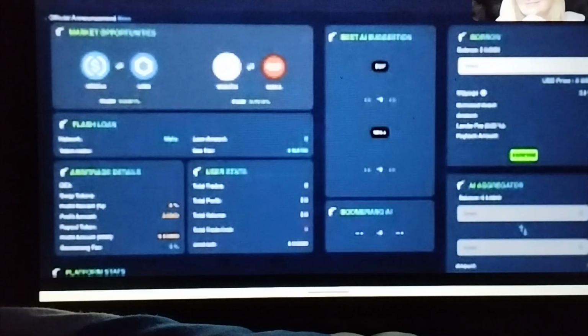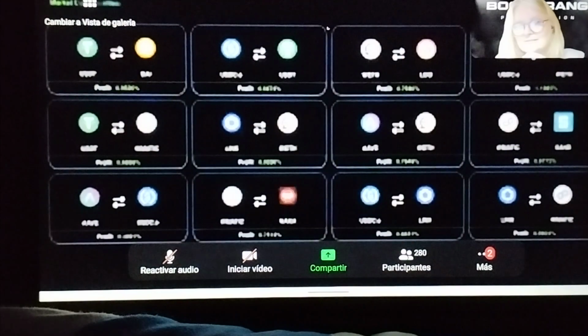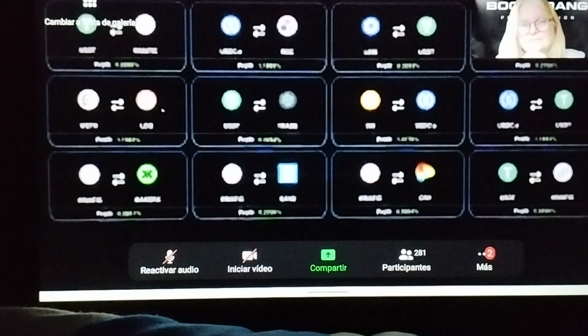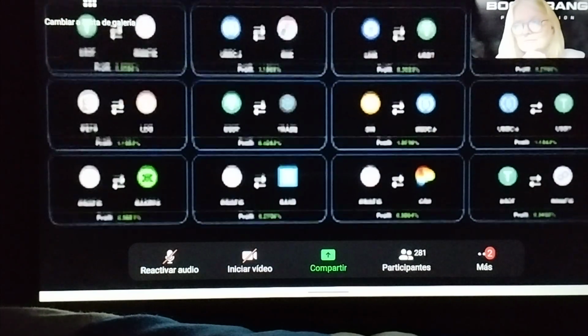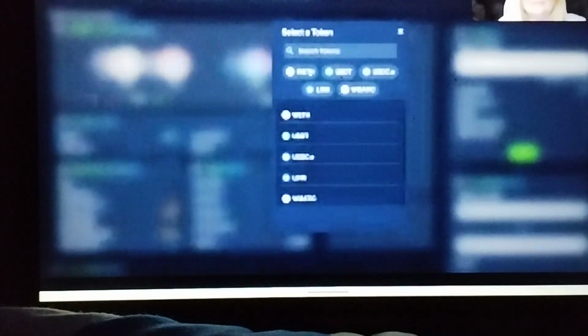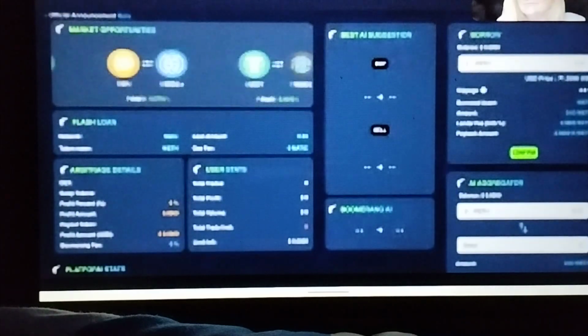So there it is. Let's see what is now the latest opportunity. Let's refresh this one, and this one will not take that long to refresh. And then we see, and this one is good. WETH LDO 1.19. Let's see if that's available. The WETH is for wrapped Ethereum. Make sure you put in like 0.03, because you see $71.